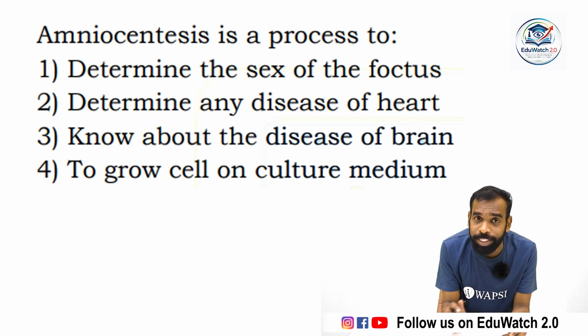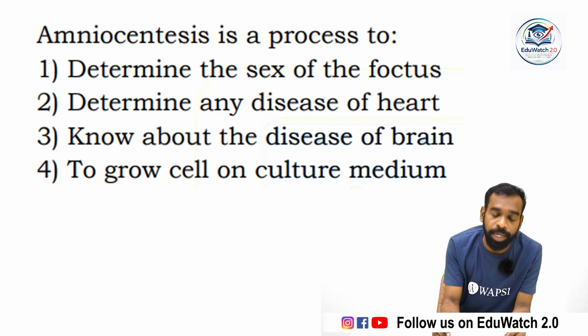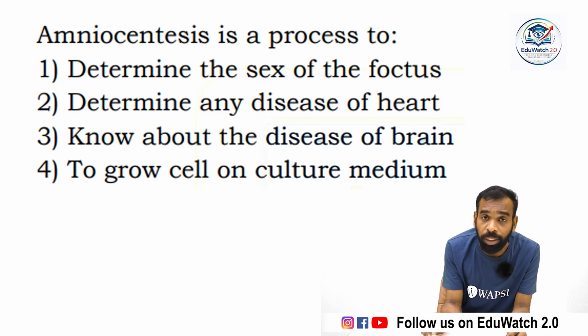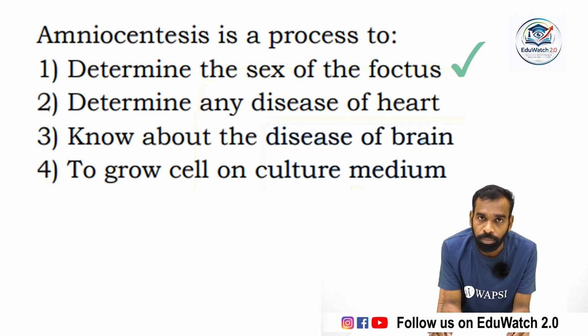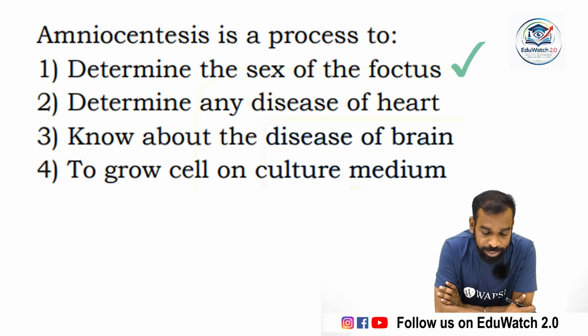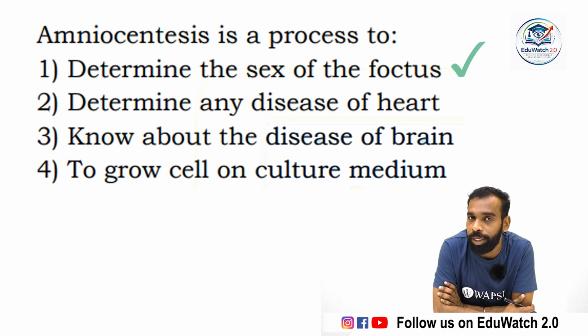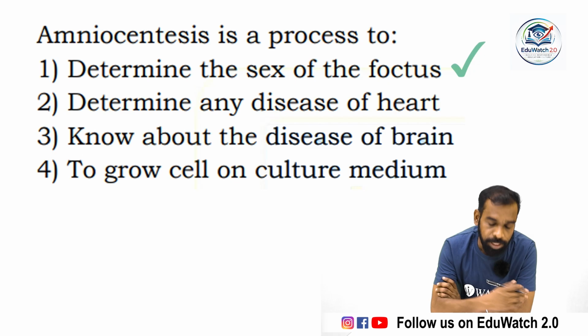So this process is mainly used to determine the sex of the unborn baby. Clear? So the correct option is option number 1. Amniocentesis is a process to analyze the sex of an unborn baby. Is it clear?